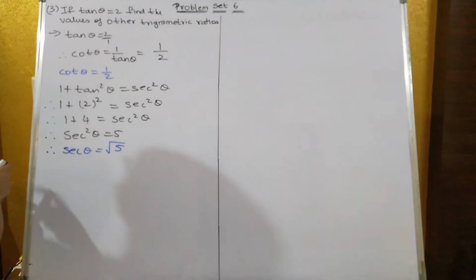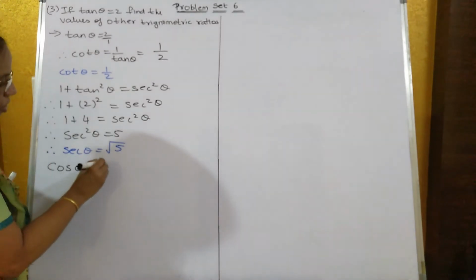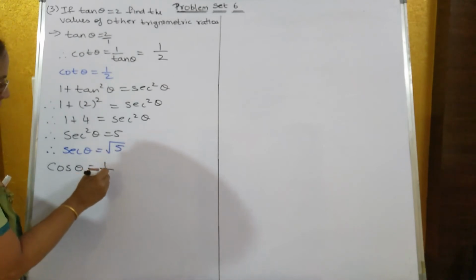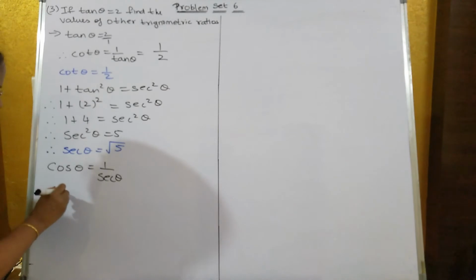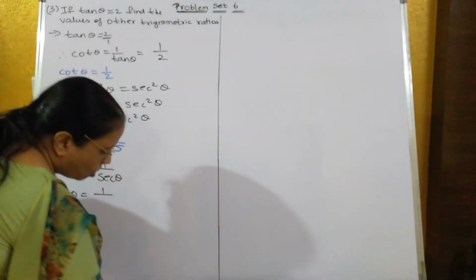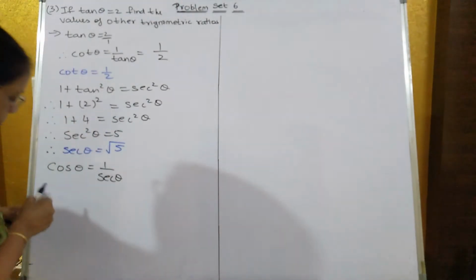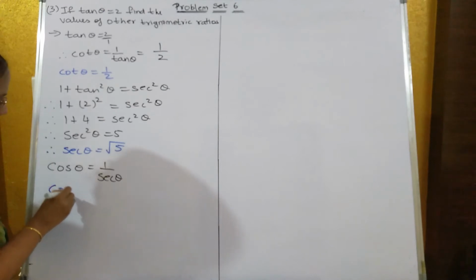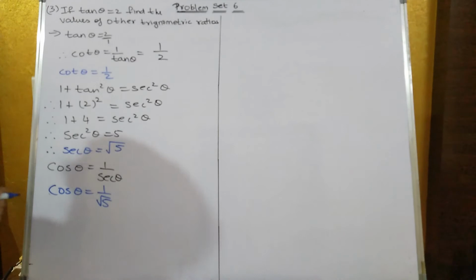Now cos theta is equal to 1 upon sec theta. So cos theta is equal to 1 upon root 5. So we have got now cot theta, sec theta and cos theta.